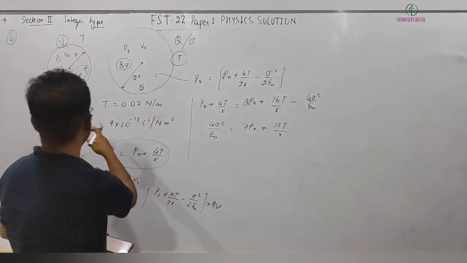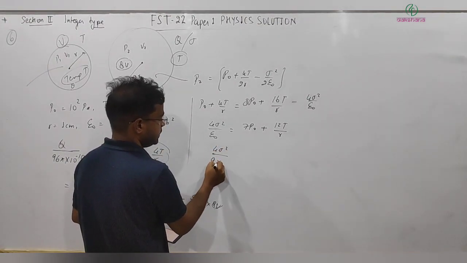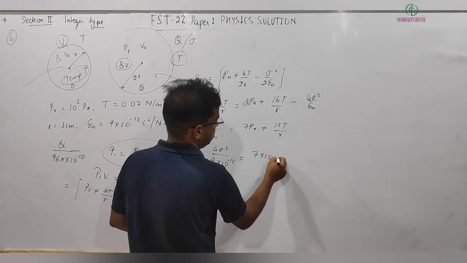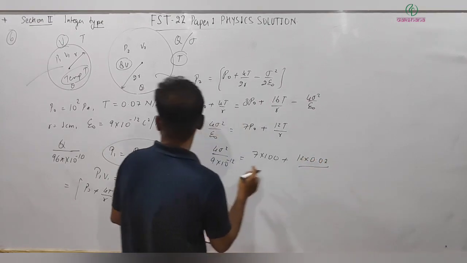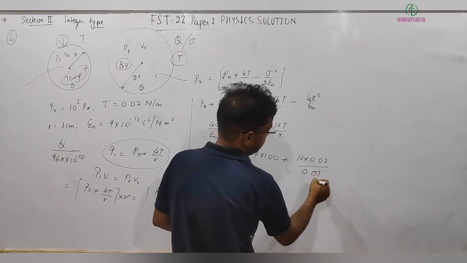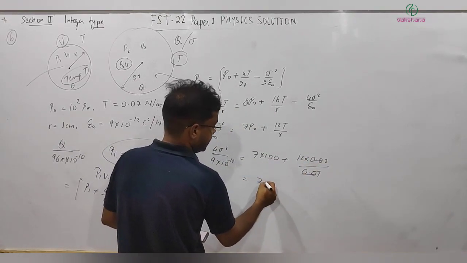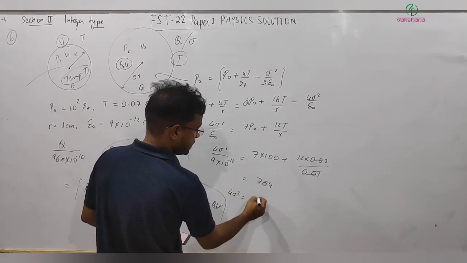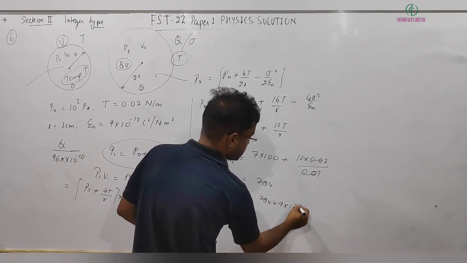Now we have everything given here. So this is 4 sigma square by 9 into 10 to the power minus 12, equal to 7P naught, 7 into 10 to the power 5, plus 12 into 0.07 divided by the radius, which is 1 centimeter, so 0.01. Adding, 700 and 84 gives 784, and this implies 4 sigma square is 784 multiplied by 9 into 10 to the power minus 12.